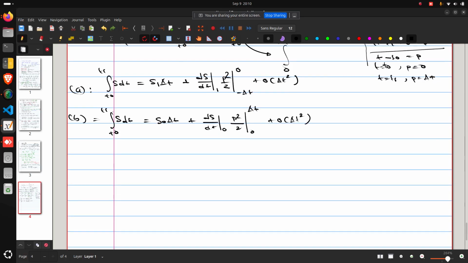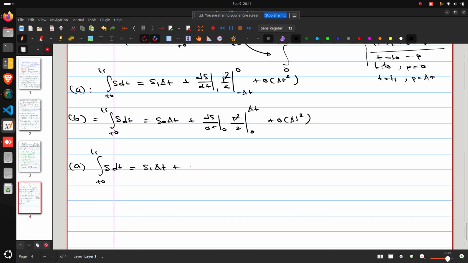Now if we do that, the equation A will turn out to be something like this: t naught to t1 s dt equal to s1 delta t plus, this will be 0 minus delta t square, this will be plus delta t square.